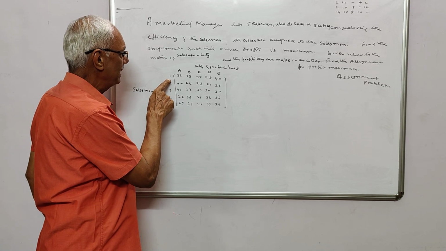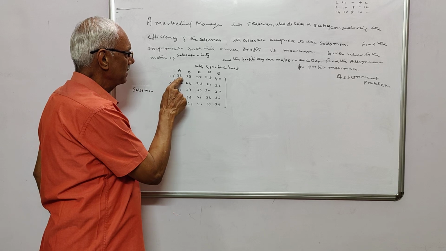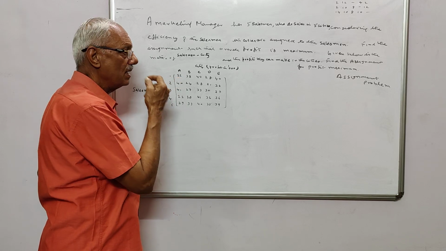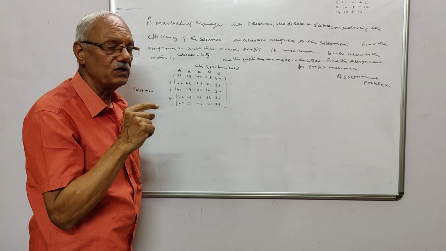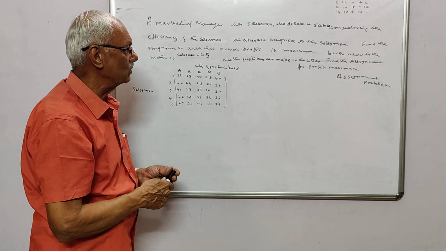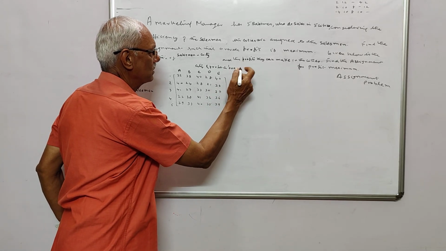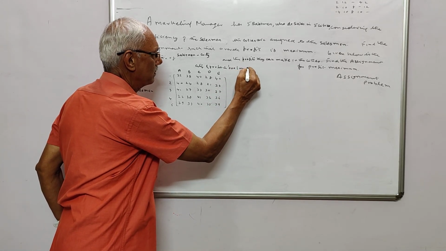For example, if salesman 1 is assigned the city A, he will be able to make a profit of 32,000 per month.